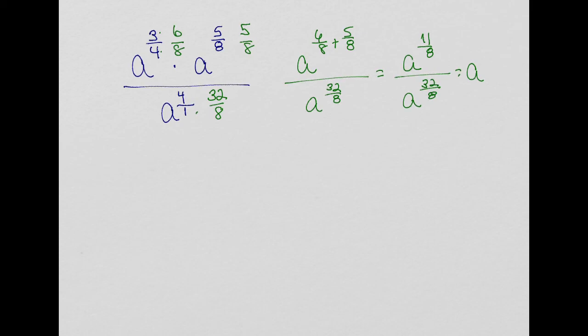But what we're going to remember is that the bigger number is in the denominator of the fraction, so our answer is going to go in the denominator. So if I do 32 minus 11, I'm going to have a to the 21 over 8, but it's going to go in the denominator. So I'm going to write this as 1 over a to the 21 over 8.